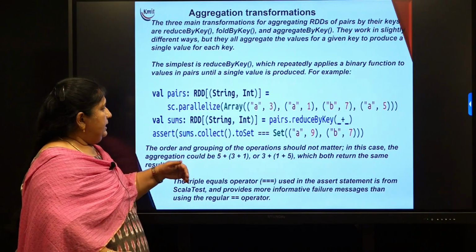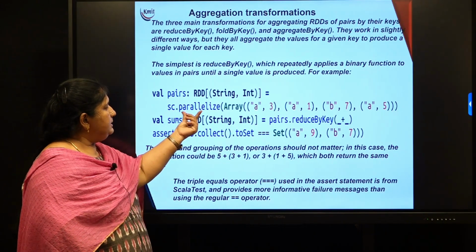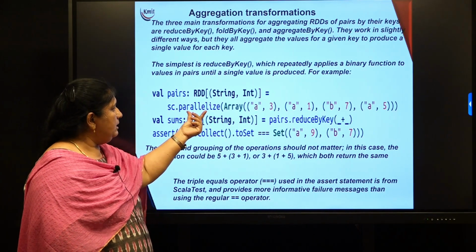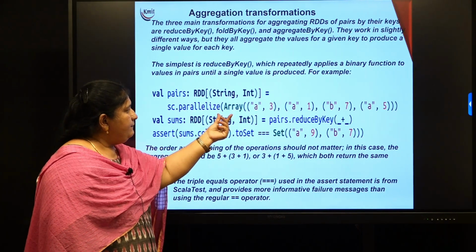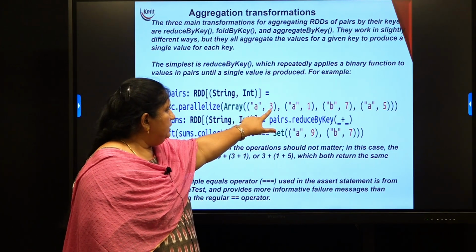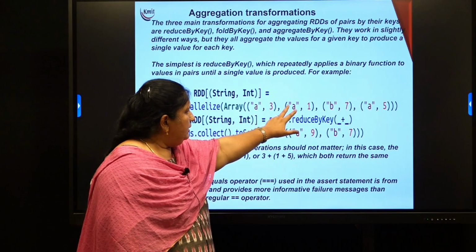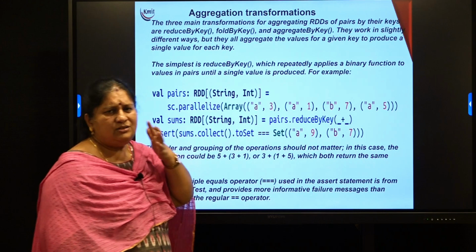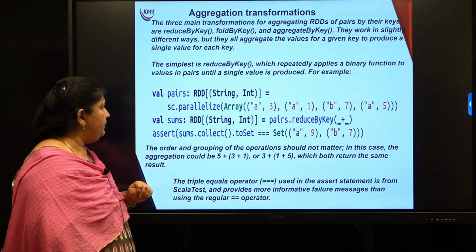And what is the data? You are saying, please apply parallelism. Computation should be done in parallel. What is the array I have? The first pair is key A, value 3. Second pair, key A, value 1, B 7, A 5. I just took an example of 4 key value pairs.